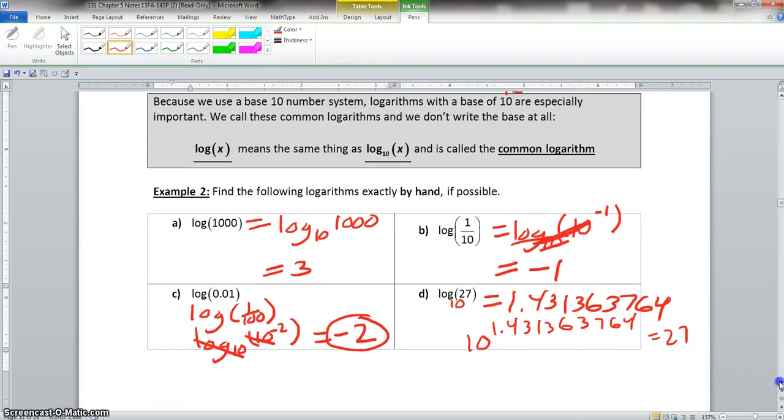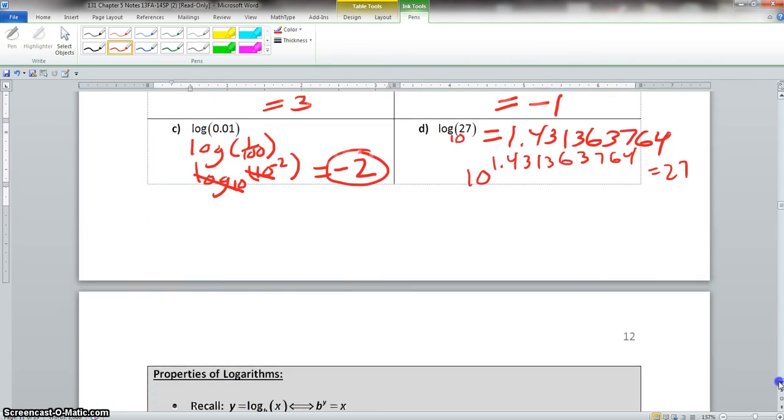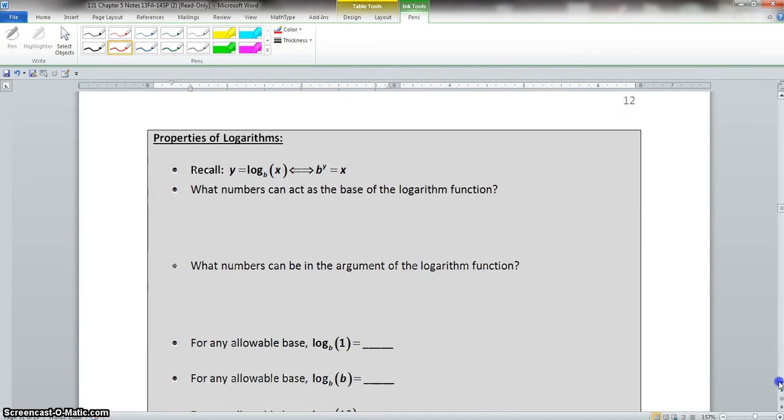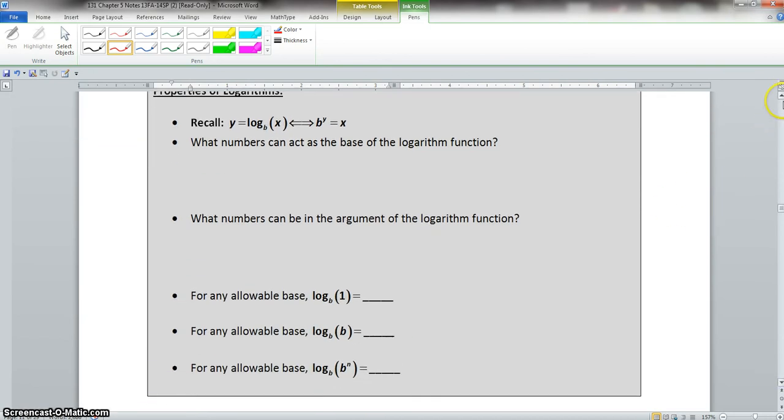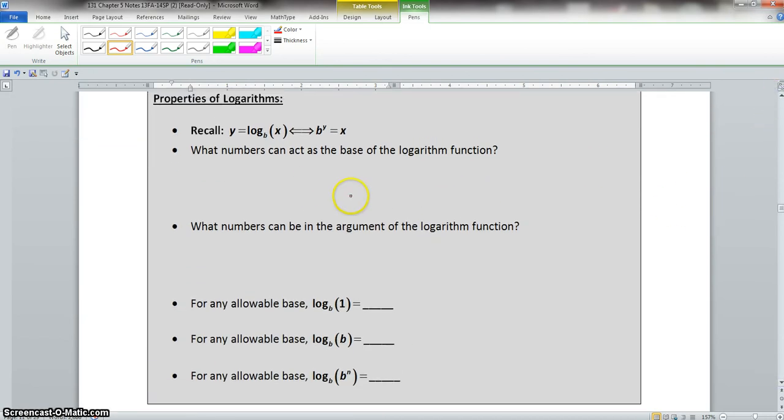So now we scroll to the next page. It says properties of logarithms. It says recall, y is equal to log base b of x, which leads us to b to the power of y is equal to x. Now this x here is our argument.